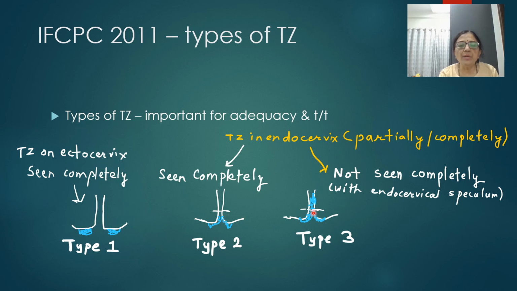But if it is not visible, we cannot treat it completely, and that is why type 3 will not be properly evaluated as well as treated as compared to type 1 and type 2. That is the significance of dividing transformation zone in these three types.